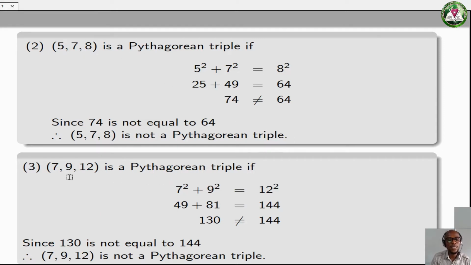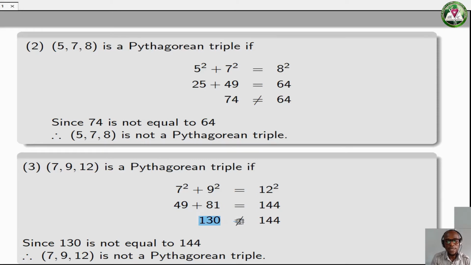Lastly, the last example we have here. Let's check if the set of numbers 7, 9, and 12 is a Pythagorean triple. We repeat the same process. We take the square of 7, add it to the square of 9, and equate it to the square of 12. So 7 squared gives 49, 9 squared gives 81, and 12 squared gives 144. Now let's sum 49 and 81. 49 plus 81 gives 130.